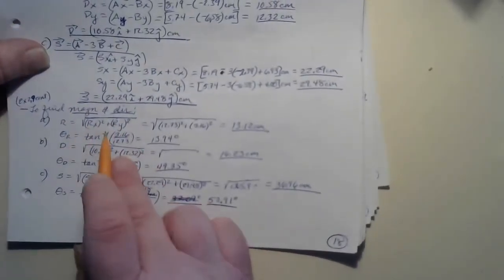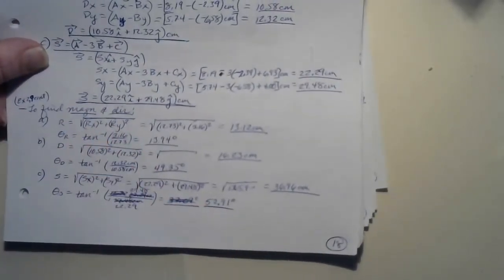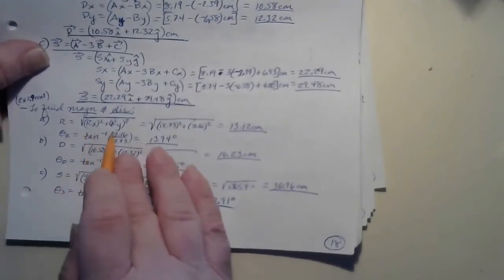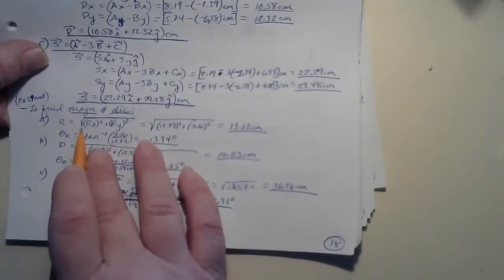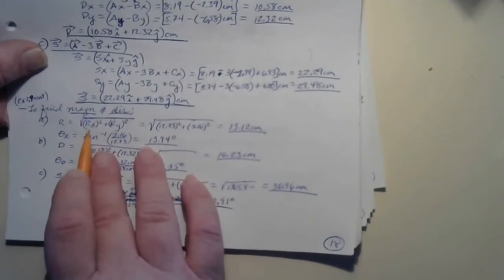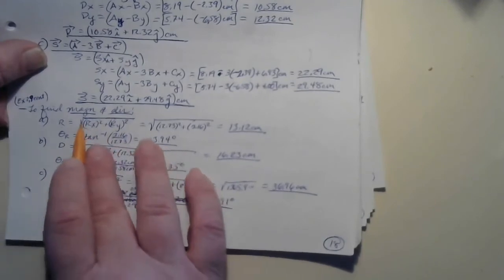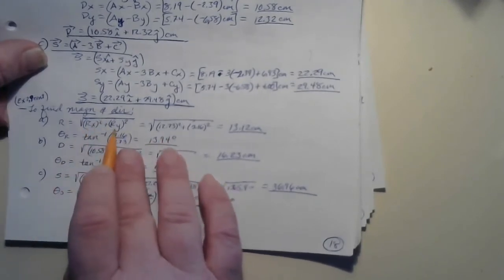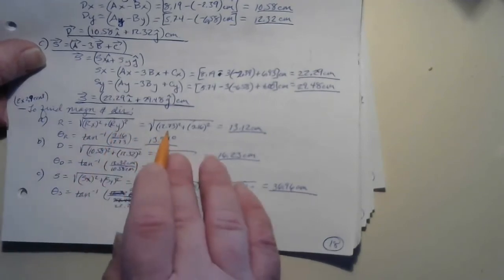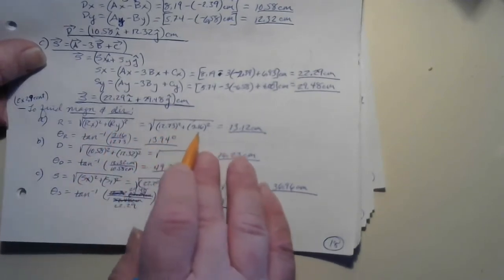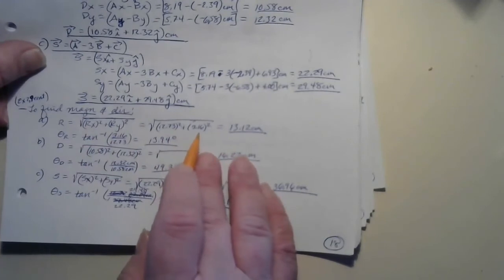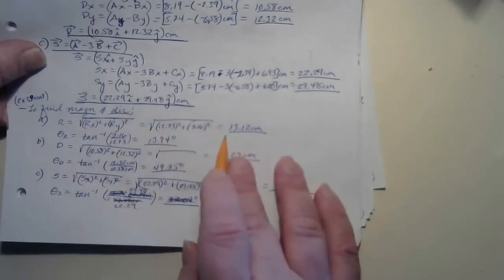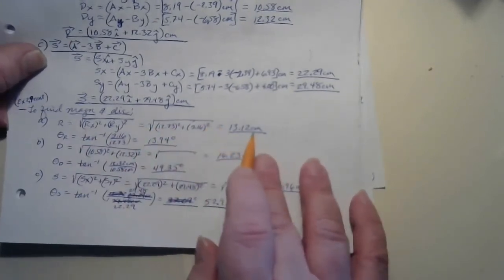For the magnitude, again, you just treat the vector as if it's the hypotenuse of a right triangle. And so the magnitude of the vector should be the square root of the x component squared plus the y component squared. And that's 12.73 squared plus 3.16 squared, the square root of that, which is 13.12 centimeters.